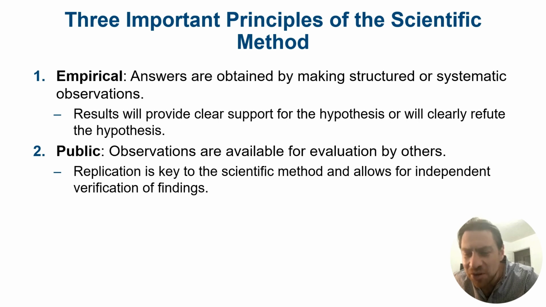You have to show your work. So scientific studies are published in special peer-reviewed journals, and when you submit a manuscript, you have to have a methods section that describes in gory, intimate detail exactly what you did in your study.